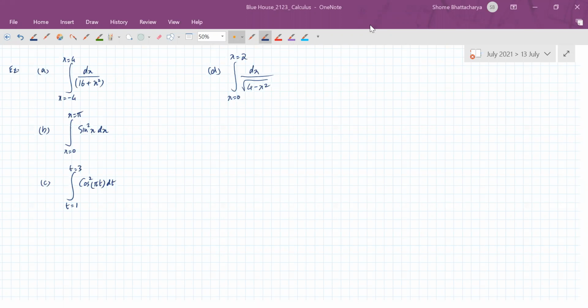Yes, good Manav. Now you have to put the limits in that. You have got the antiderivative correctly. Now you have to put the limits from x equal to -4 to +4. Yes, sir.